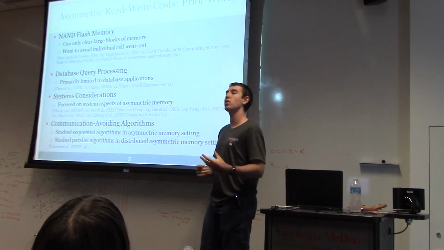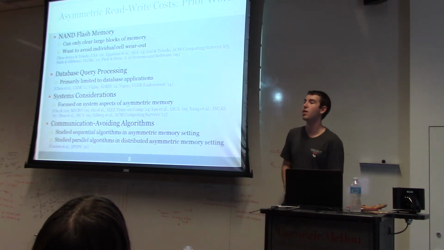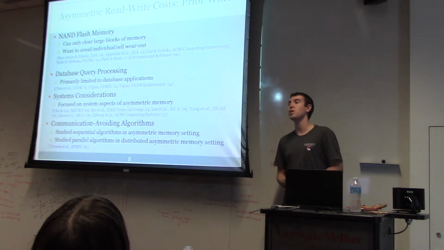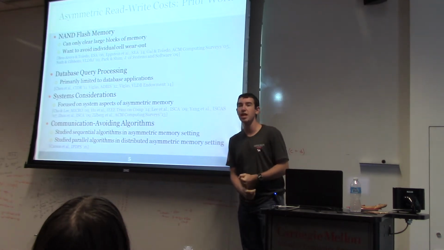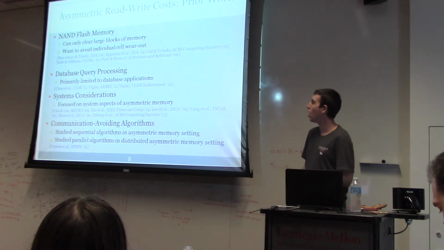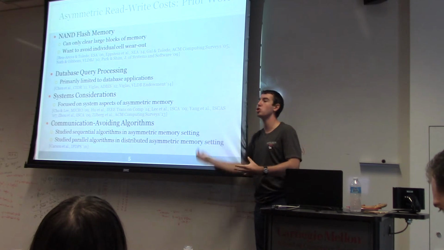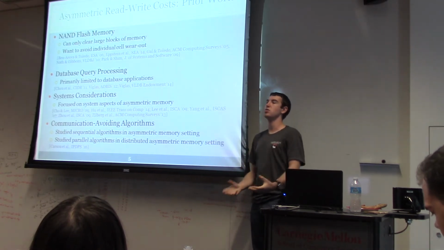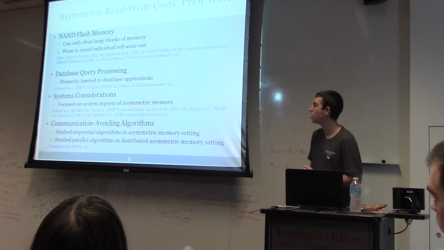The asymmetric memory has gotten to disk-level systems much more quickly than to main memory systems, so the database people have been working on this for a little while, but primarily under database design analysis and with database algorithms. And then, of course, you've got the architectural people who are actually pushing this, putting it into their architectures and saying this is great and you should all get ready to use it.